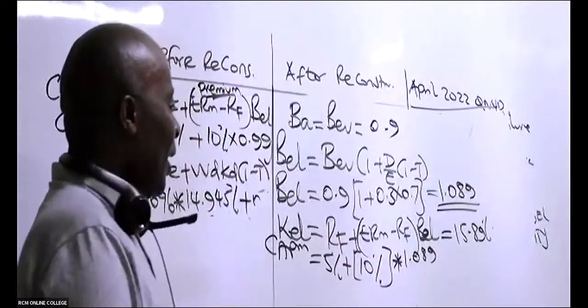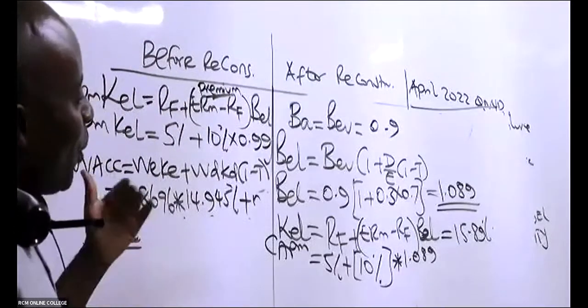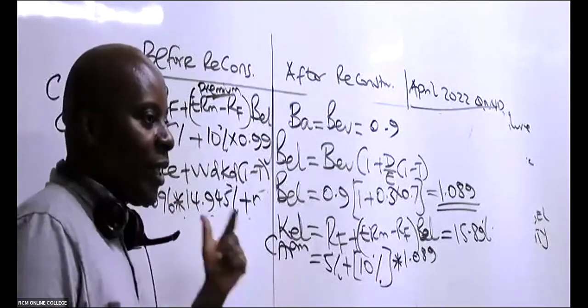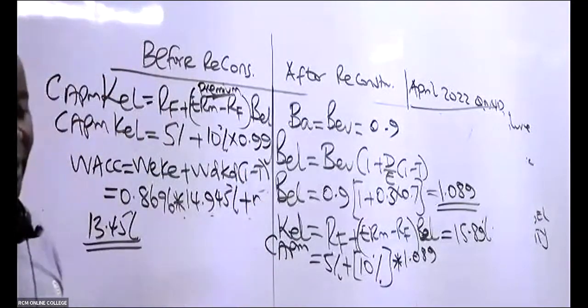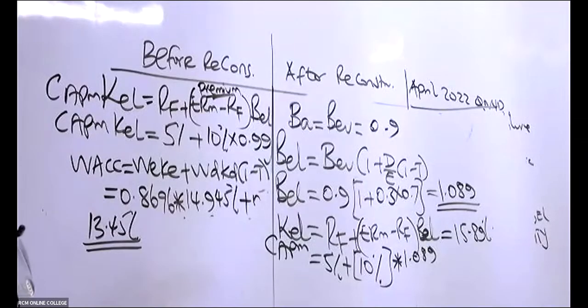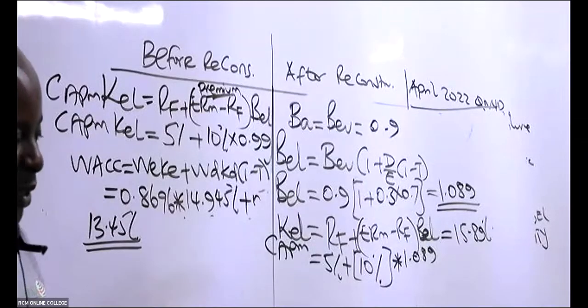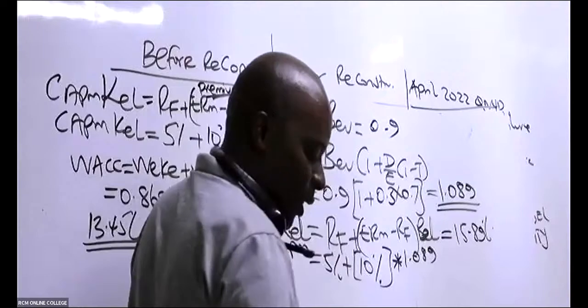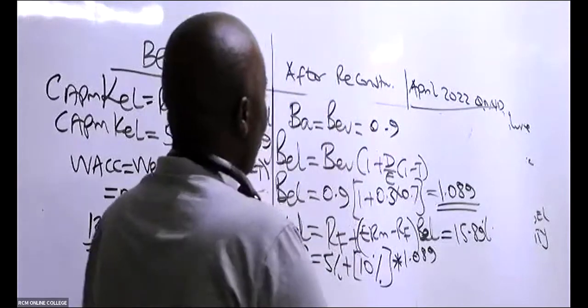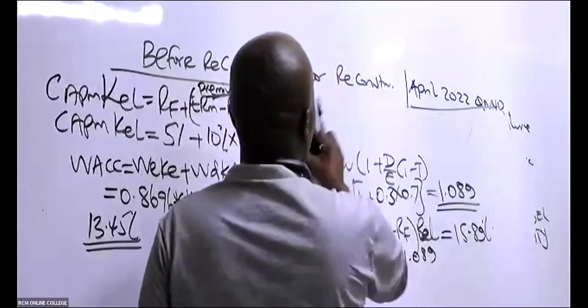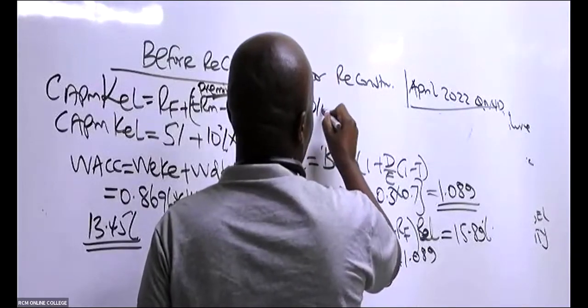Magdalene? Yes. Now, after getting KEL, I know that the next thing will be the weight, specifically the weight of debt. The only thing I need to get weight of debt is debt to equity. After reconstruction, our debt to equity is 0.3, isn't it?